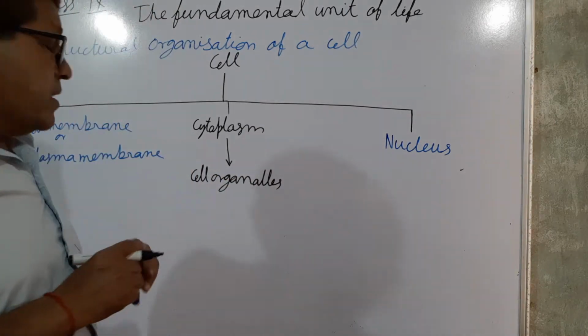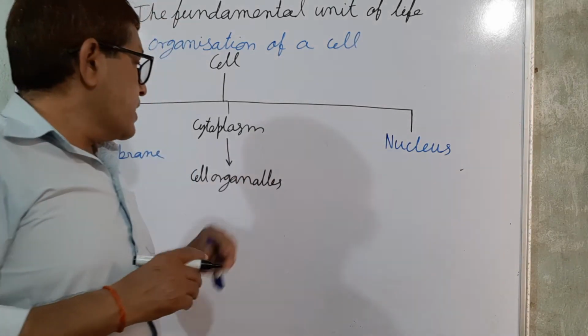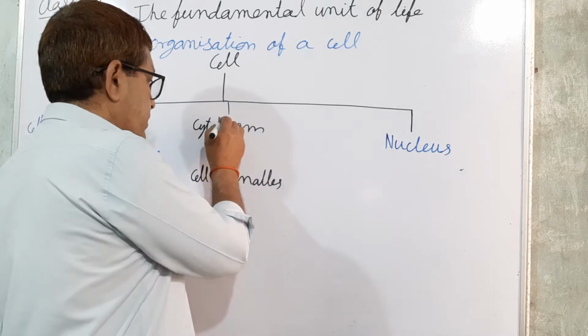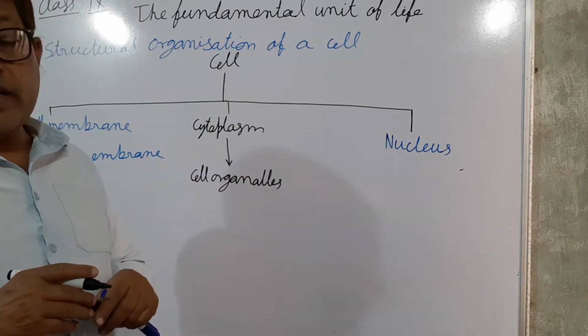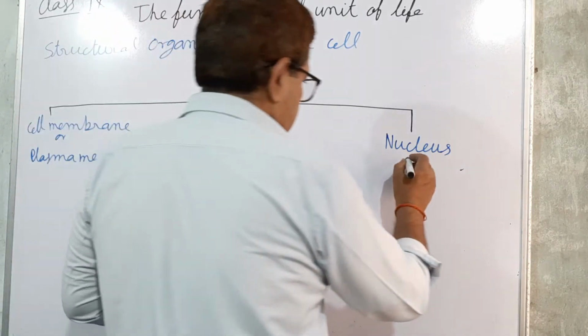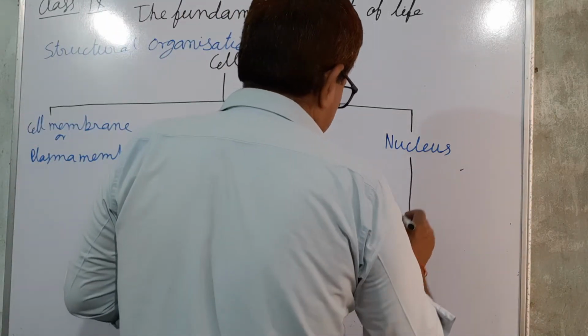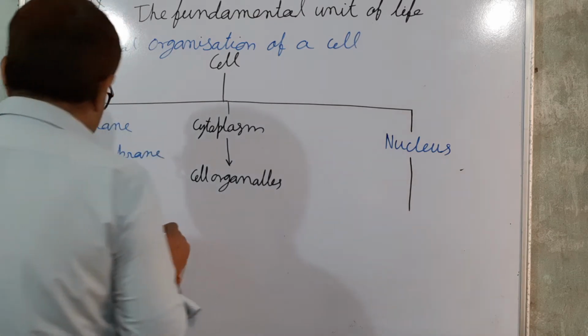A cell mainly consists of three parts. One is the cell membrane, then cytoplasm, and the cytoplasm contains cell organelles, and then the nucleus. The nucleus consists of mainly four parts.